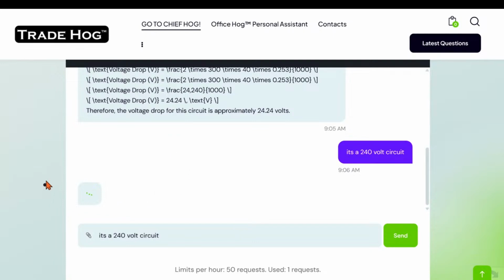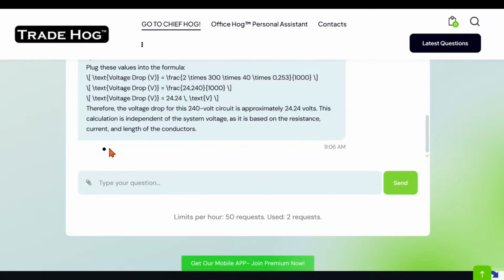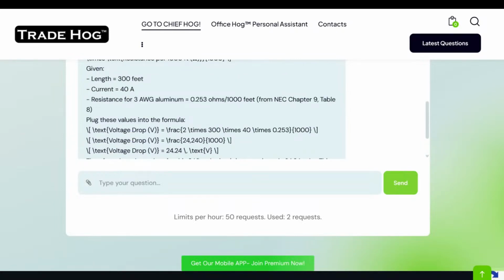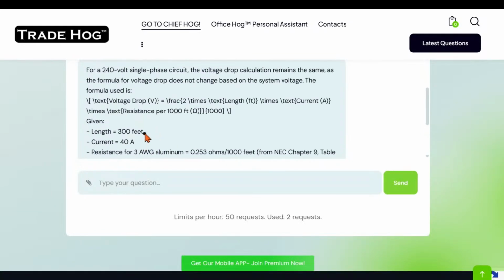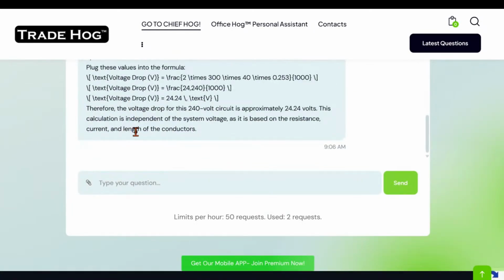And let's see what the hog says. I'm going to show you what I think the hog did. It forgot what voltage we're trying to achieve at the entire length. So I want to double check this. If I don't like it, it looks like we screwed the hog today. 24 actual volts.